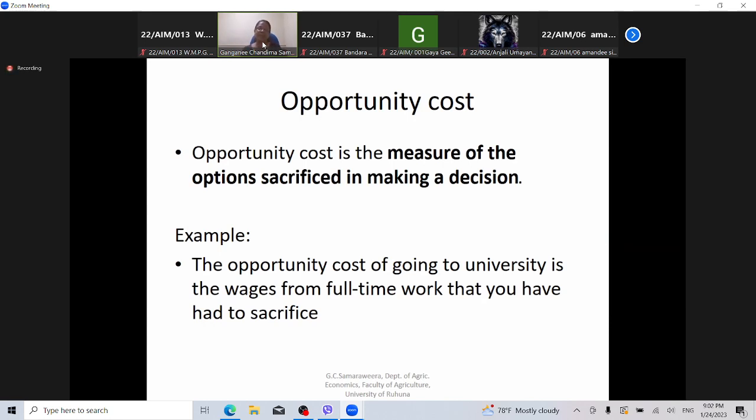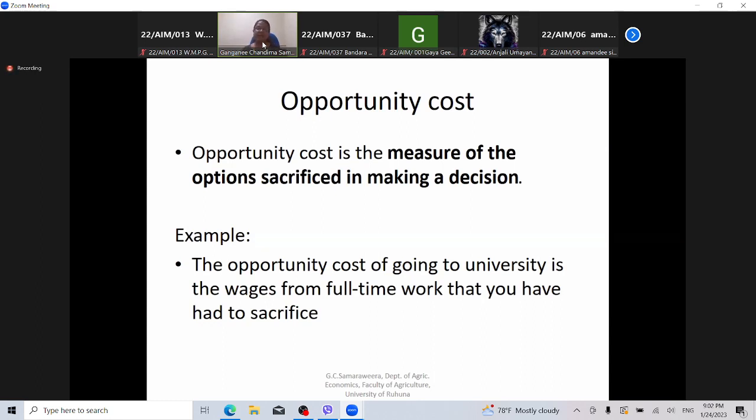Imagine, assume the student gets work for all 4 years. Then the opportunity cost is 3,000 per day multiplied by the 4 years' duration in days. Then you can find the value. So the foregone cost is that, and that is the opportunity cost of that student.